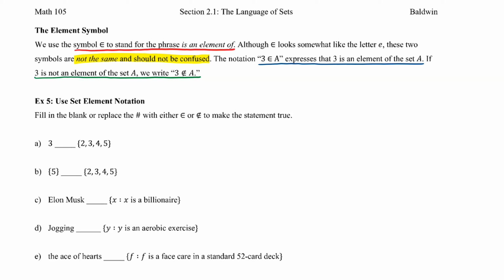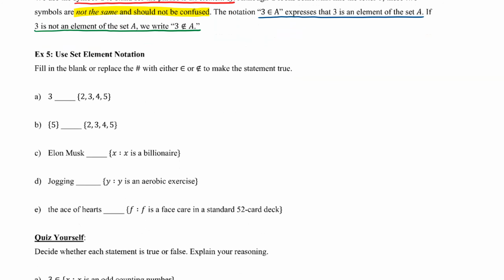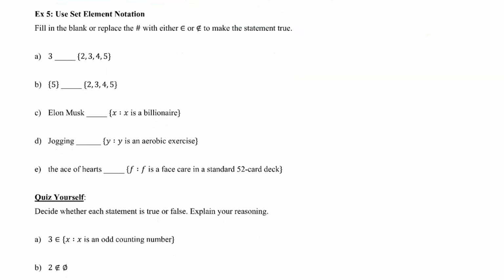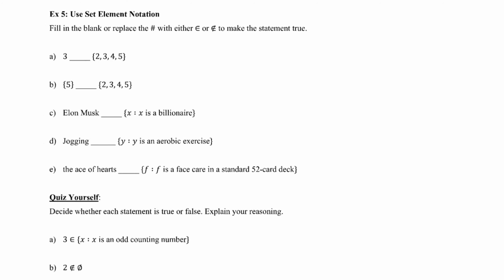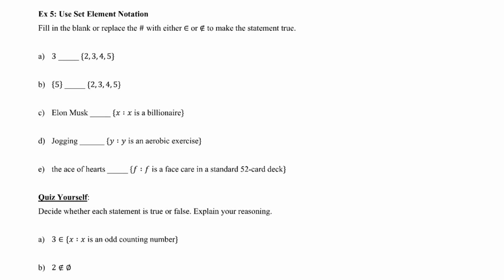So with example 5, we are going to look at filling in the blank. We don't have any pound symbols to replace here, like you might see in the homework, but we're just going to fill in the blank with either the element symbol or not element symbol to make the statement true.